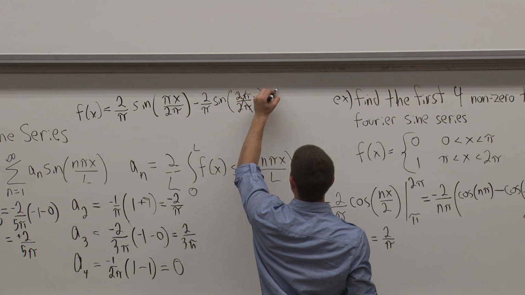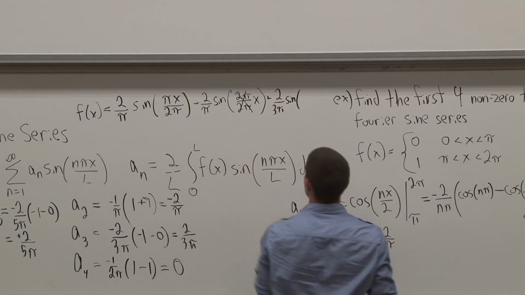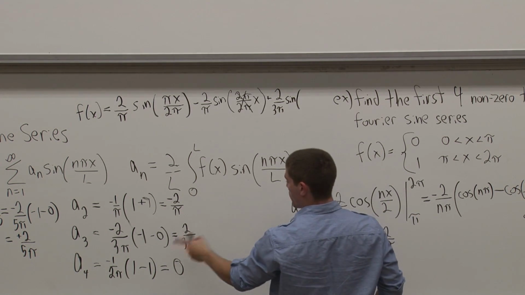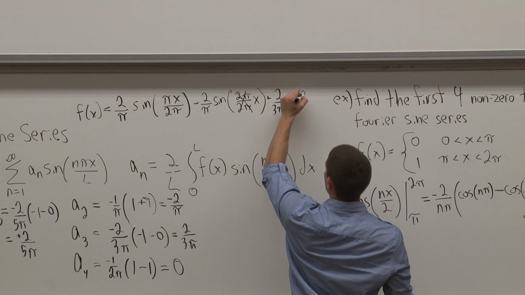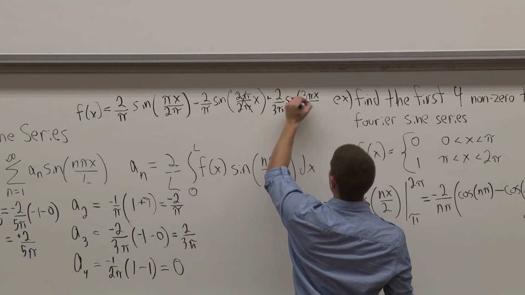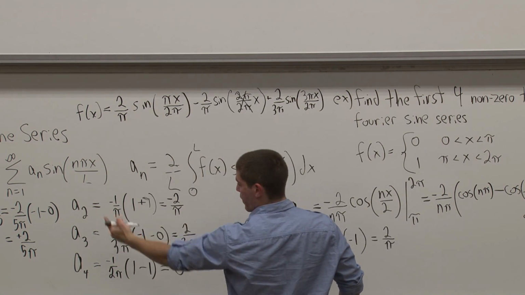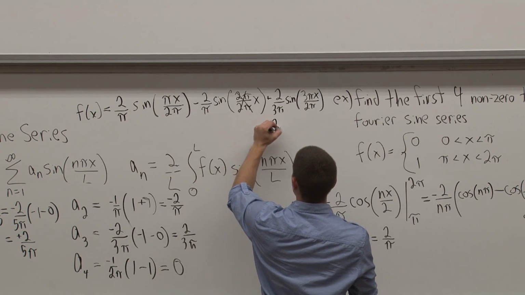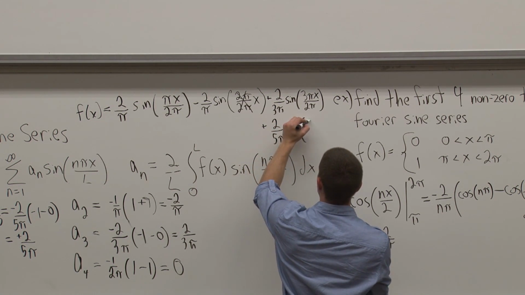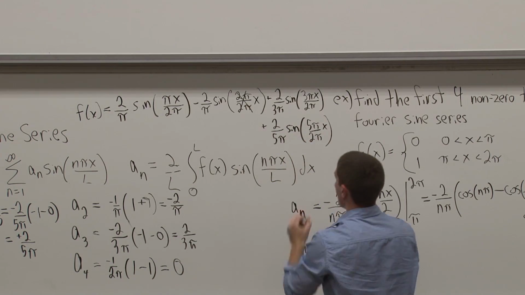That's going to be plus 2 over 3 pi sine of, what do we have? We have 3, because it's A3, so we have 3 pi x over 2 pi. And then you're going to add another term because you have A5, plus 2 over 5 pi sine of 5 pi over 2 pi x. All right, and that's your answer.